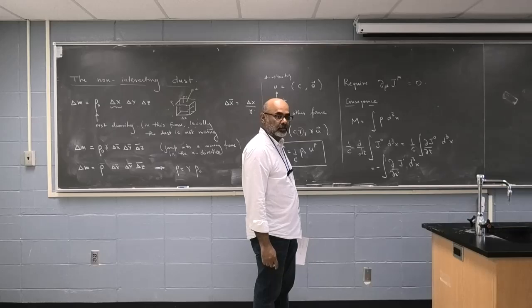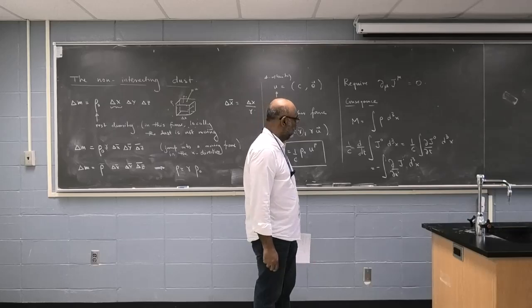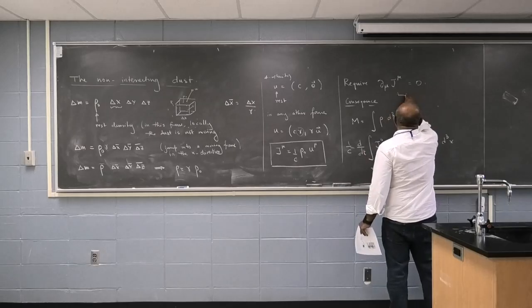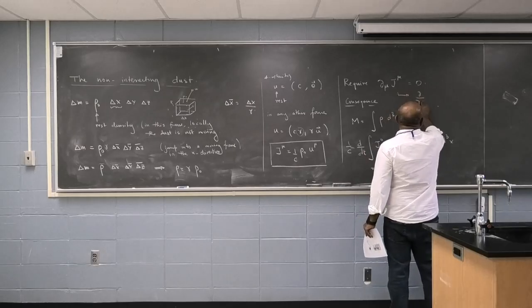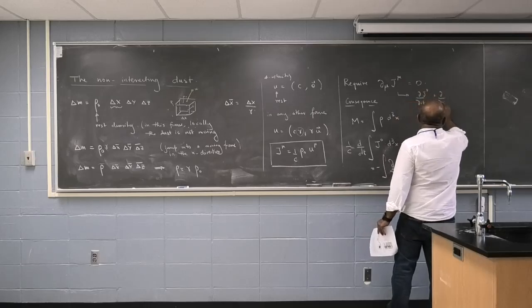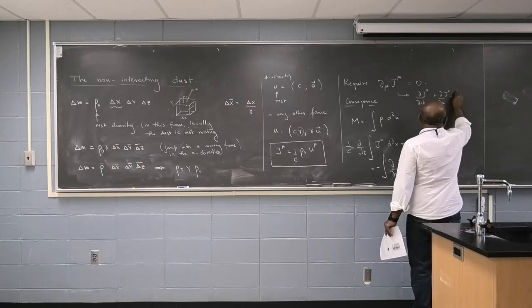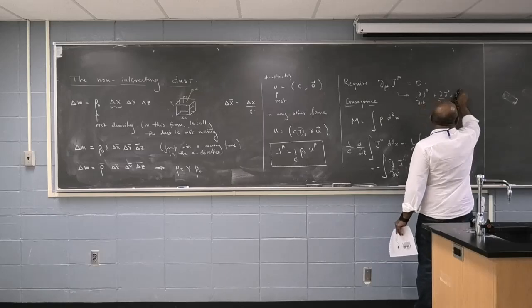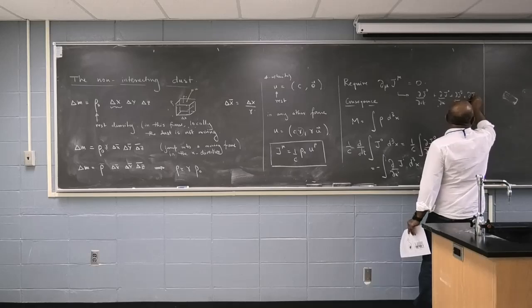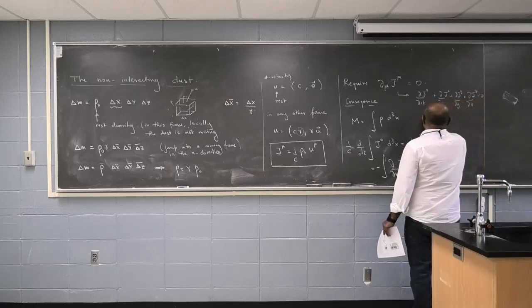Is that true? Because what does this say? This is d ct j0 plus dx jx plus dy jy plus dz jz equal to 0.